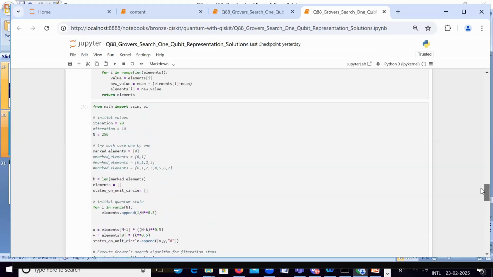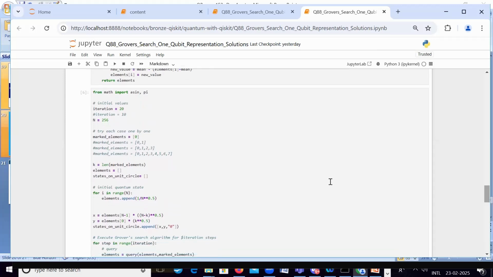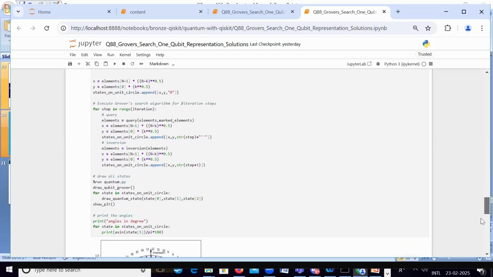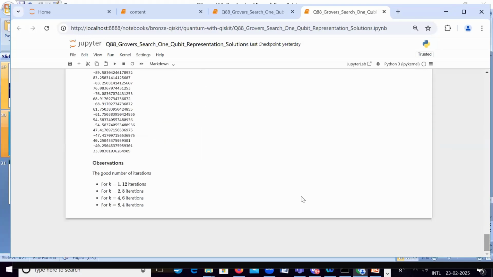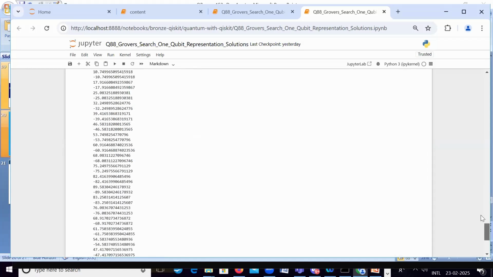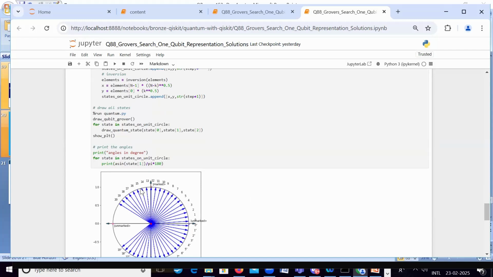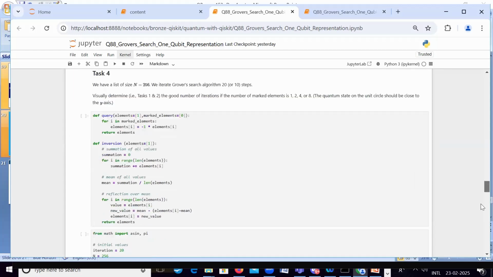Let's see the k here. It is the number of marked elements. If it is 1, only one element, then the 12th iteration gives the first marked element here. The element is marked in the 12th iteration. So on that basis, this is the generalization of that understanding or that finding.